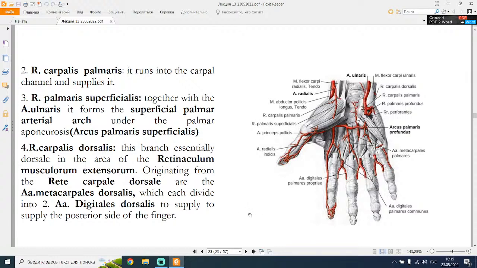These branches run dorsally in the area of the retinaculum musculorum extensorum, originating from the rete carpale dorsale.